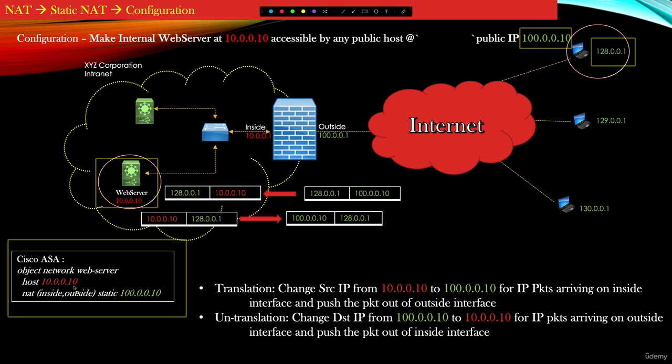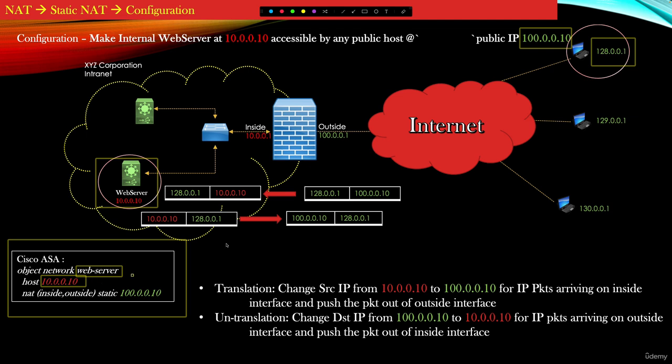Remember, object networks are nothing but collections of IP addresses. So here we are creating an object network called web server, and inside this object network, we are putting only one IP address, that is 10.0.0.10. This is the way to give IP addresses some meaningful names, right?